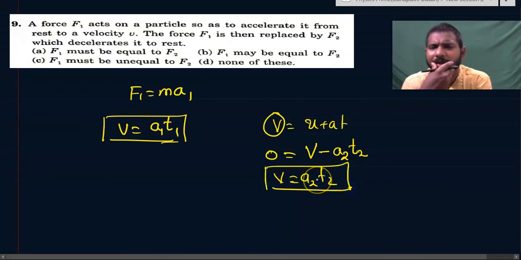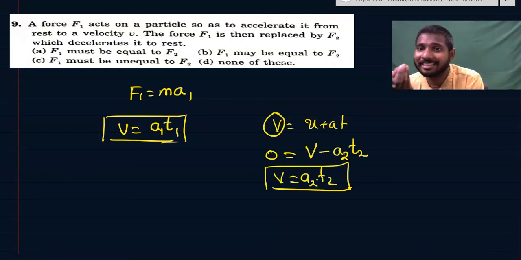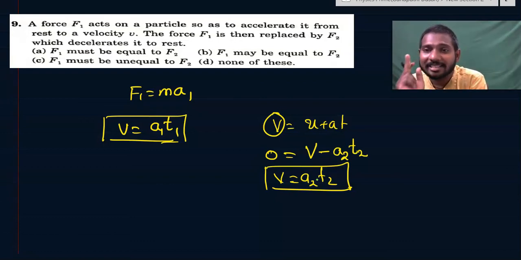You might be thinking both forces should be equal, then only the particle which got accelerated should also get decelerated. You need to understand one thing: it just has to come to rest. No information is given on how much time the particle should take.